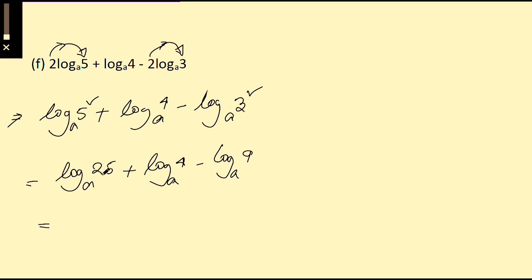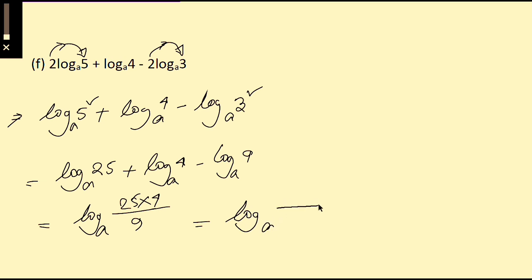So here we have 3 logs with the same base a, and they are in addition and subtraction relation, so we can write it as a single log, like log 25 times 4 over 9. So 25 times 4 will be 100, and in the denominator we also have 9.